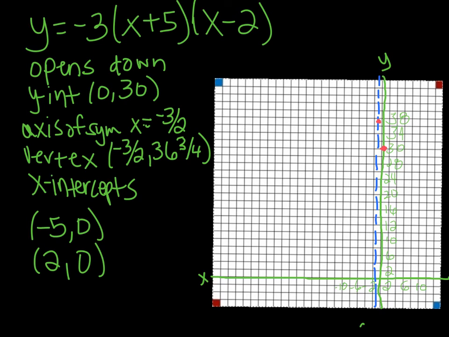Next, my x-intercepts, which I had at 2, 0. It's going to be on my x-axis, and negative 5, 0, which would be halfway, like right about here. Once again, this is going to be a very narrow parabola. I have 4 points.